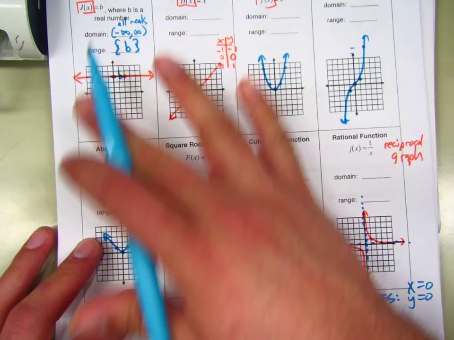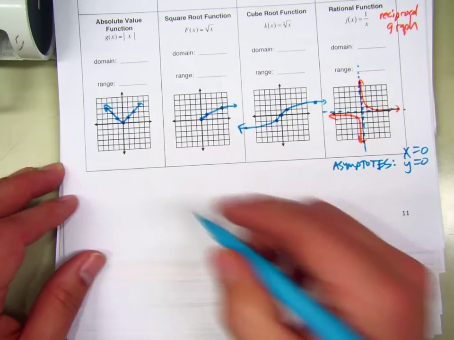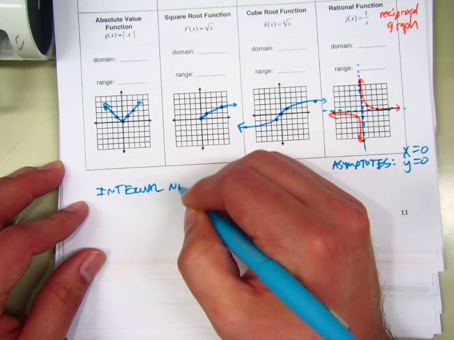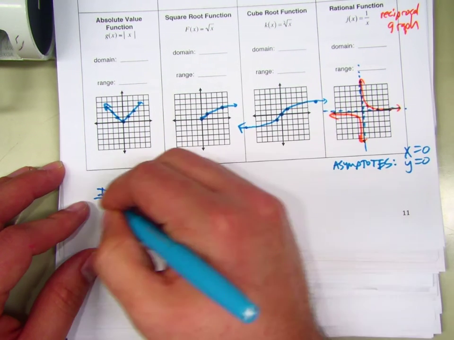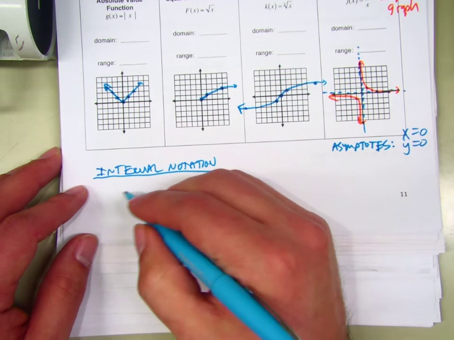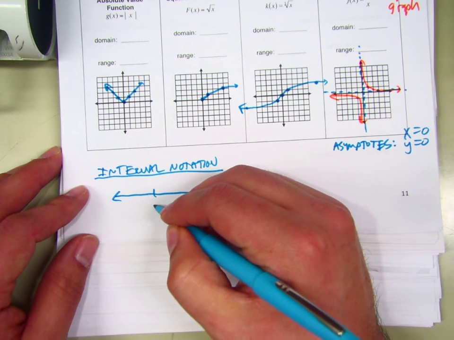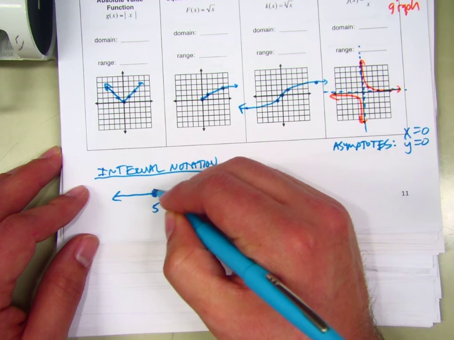Okay. So before we fill out the domain and range, let's go down to the bottom here for a quick recap on interval notation. Let's just say I have a number line, and it looks something like this.